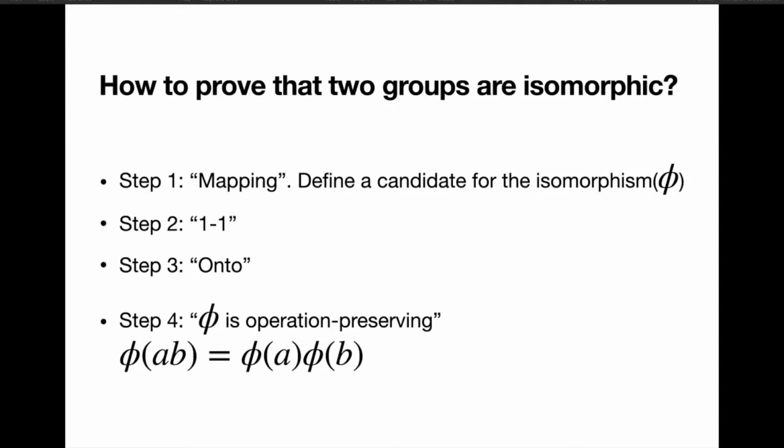Step 2, we need to find a one-to-one relationship between the two groups, and we also need to find the relationship of onto between the two groups. These two steps can be combined into one step, finding the bijectivity of the two groups. In the last step, we need to check that the mapping we found is operation preserving. Typically, phi(AB) equals phi(A) times phi(B).